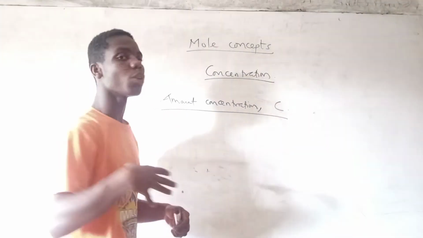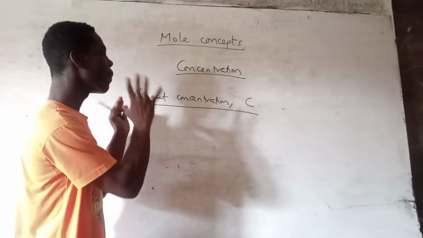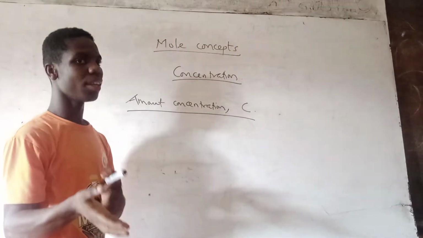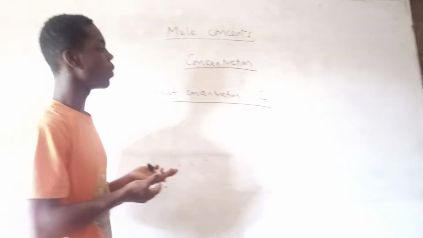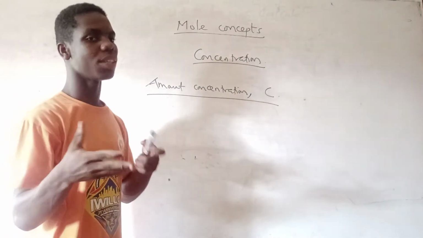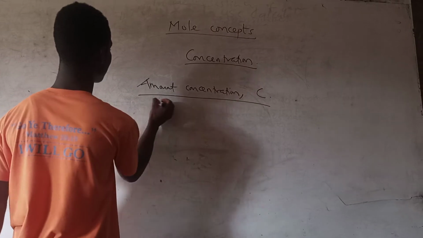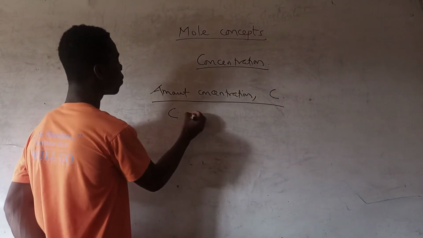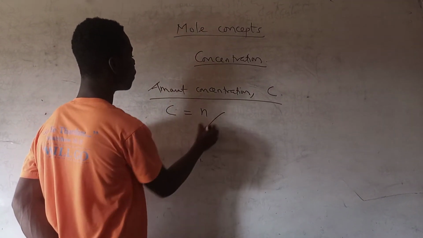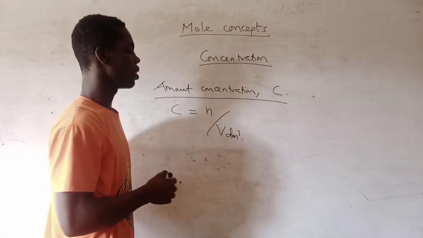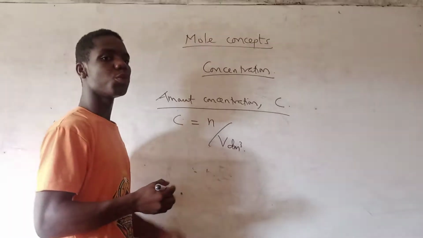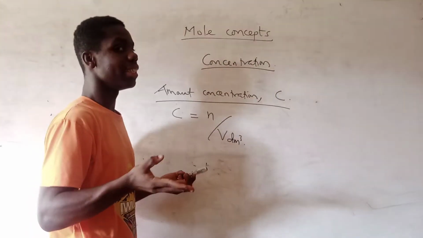So the amount of substance in mole dissolved in 1 dm cube of a solution is called amount concentration. So amount concentration is equal to number of mole over volume in dm cube, from that definition. Note, the volume should be in dm cube or in liters.